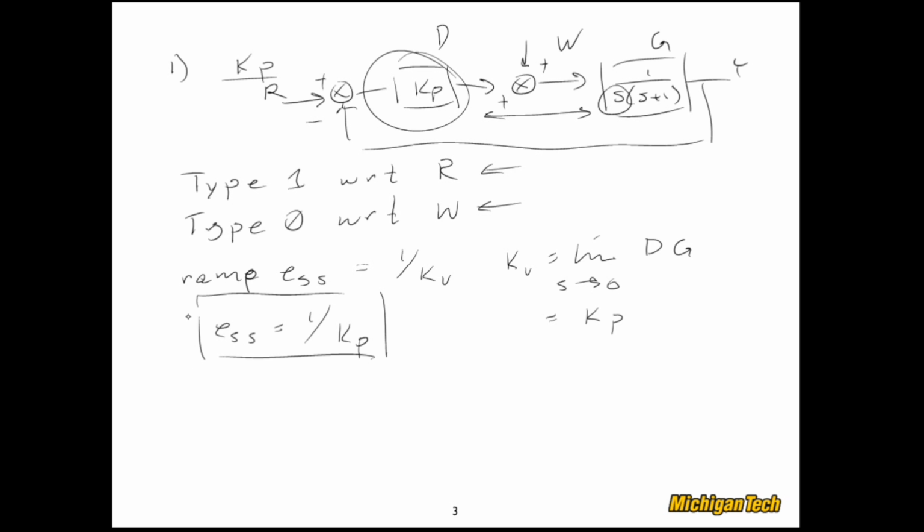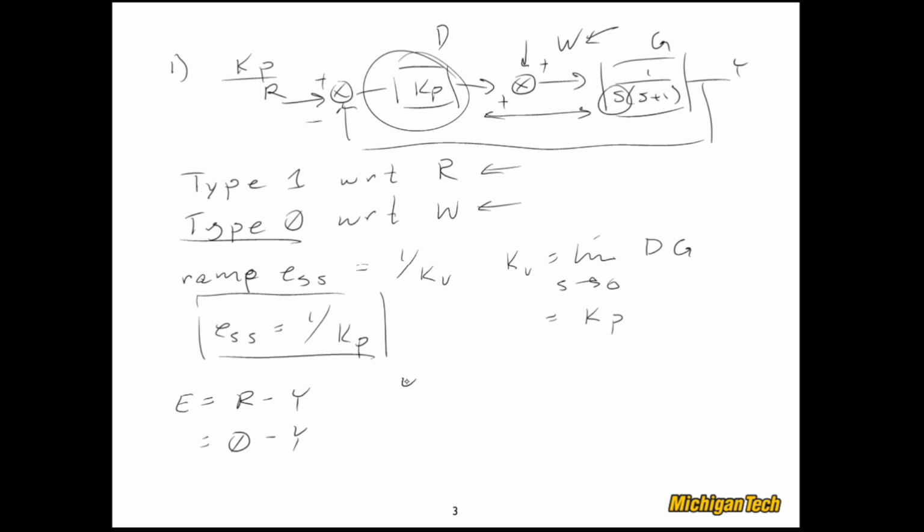Now there, we know it's type 0. So if we hit it with a step in this disturbance, it's going to have a steady state error. Well, let's go ahead and calculate all that. The error is always R minus Y, and for a disturbance input analysis, we set R equal to 0, and we just get this.